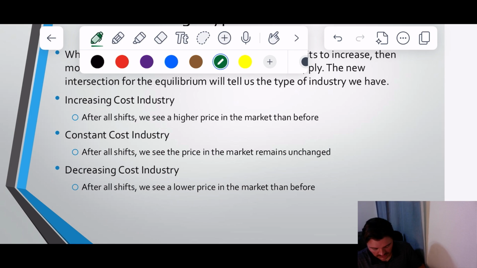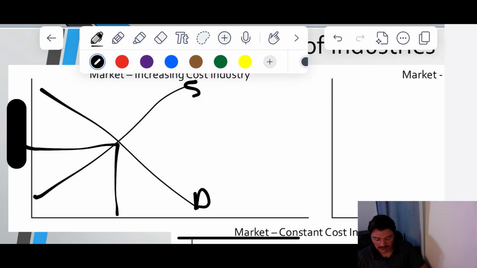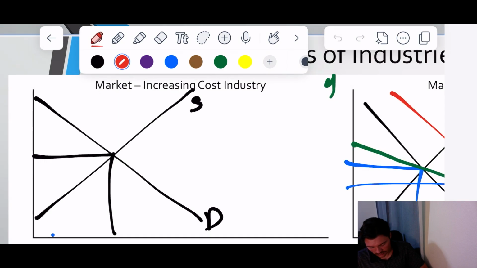And really what it comes down to is this, all right? So we have our original supply and demand curve. Let's say there were profits in this industry. When we had the increase in demand, we then saw this increase in the supply.